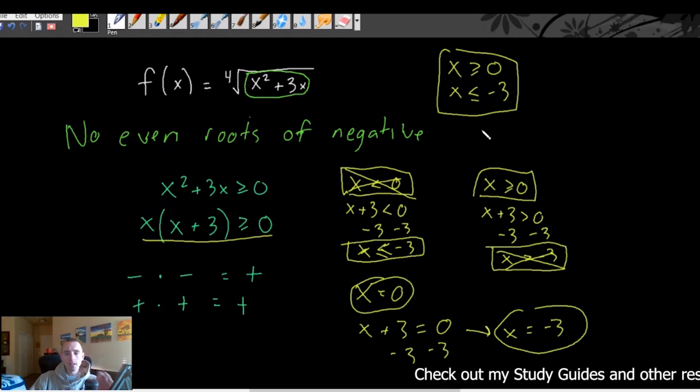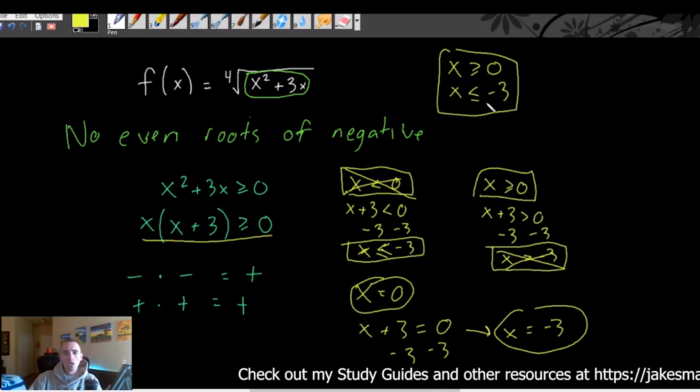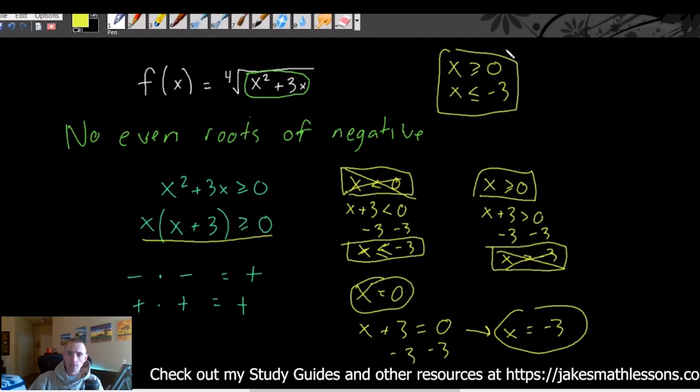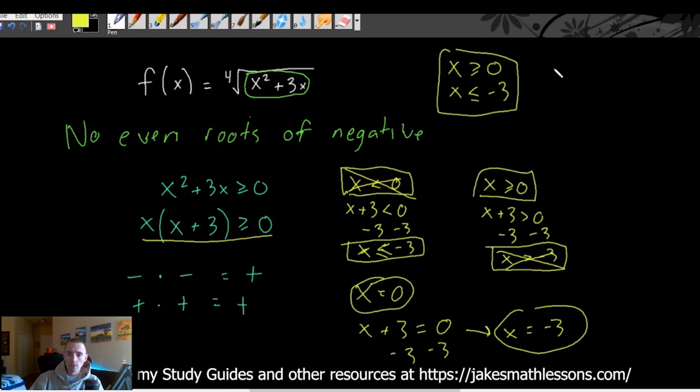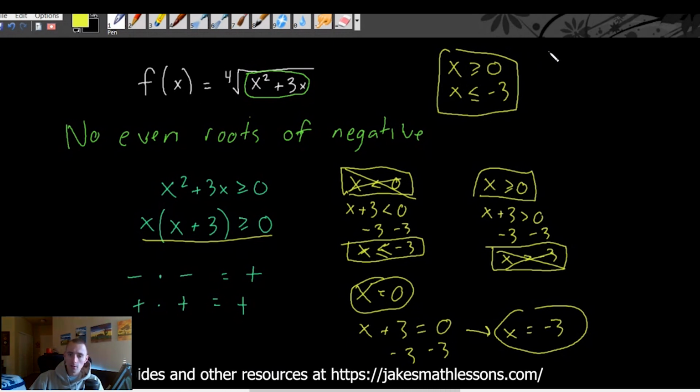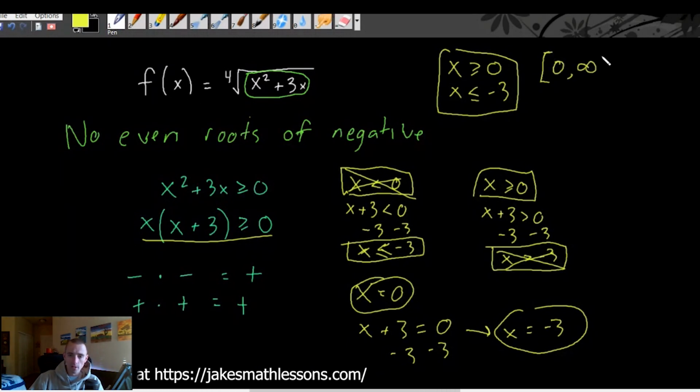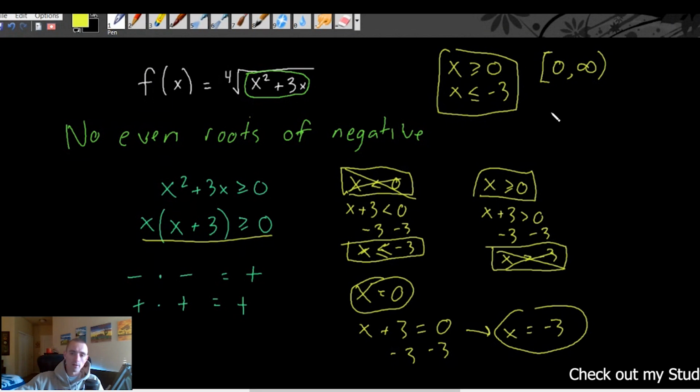If we need it in interval notation, though, there's another way to reframe this. Basically, if x is greater than or equal to 0, we would say a square bracket 0 to infinity with a round parenthesis. What this interval notation is saying is any x value between 0 and infinity, or in other words, any x value bigger than 0, is going to be included in our domain.